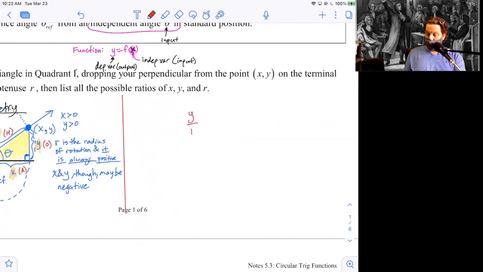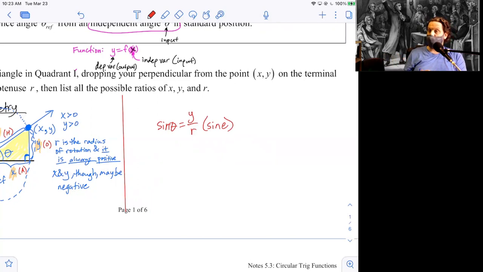So let's go ahead and list that one. That's Y over R. And we know what that one is. That's sine. The full name for sine is SINE. That's the name of that ratio. All of these ratios are going to have names that someone decided long ago at a naming party, perhaps. I wasn't there for the names. But this ratio, whenever you take the vertical measure to the radius or the hypotenuse, you get the sine ratio, always.